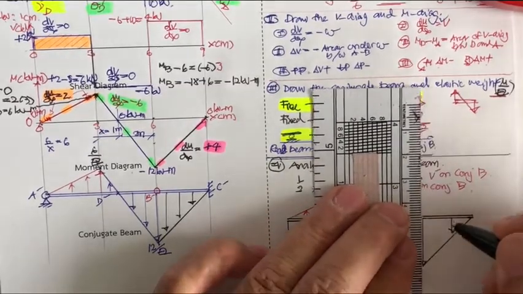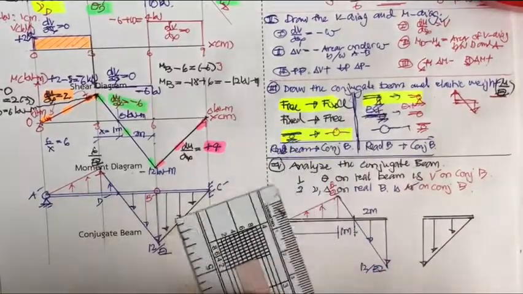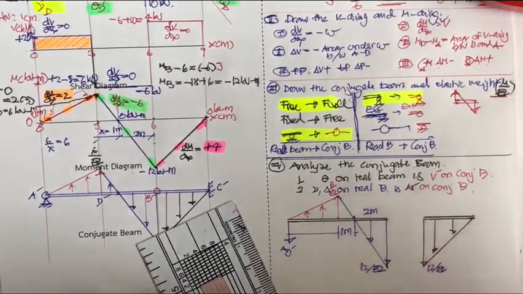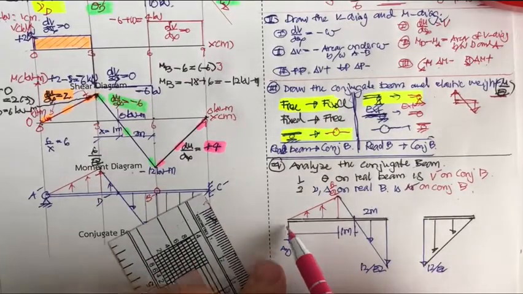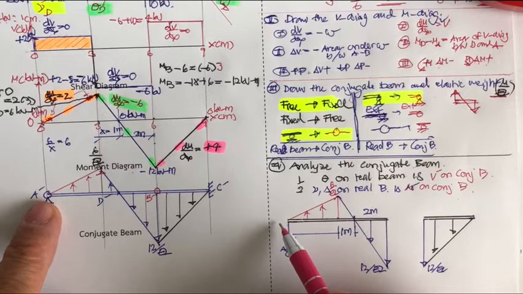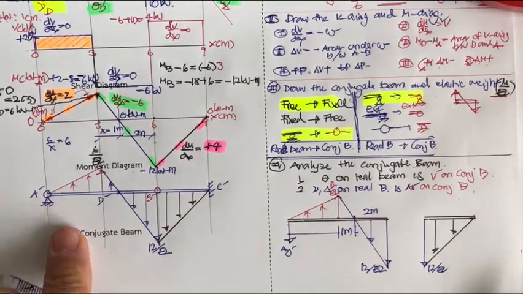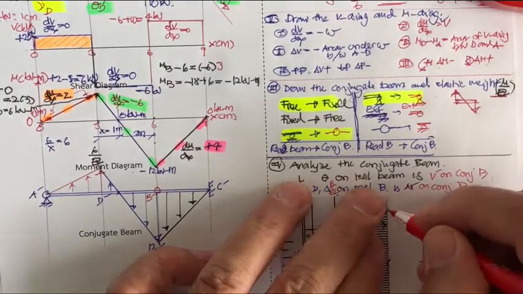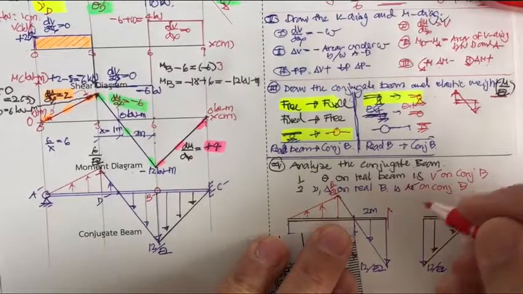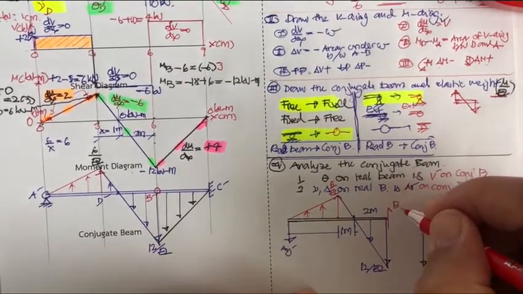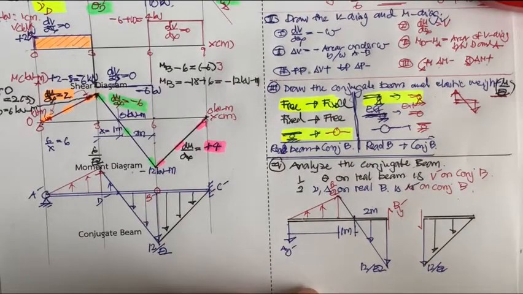Okay, let's see, we have this. So this is going to be 12 divided by EI. What we have is the reaction here, A sub y prime, no, A sub x prime, because the elastic weight is only in the vertical direction. And here, this one up, this one down. This is going to be B sub y prime.